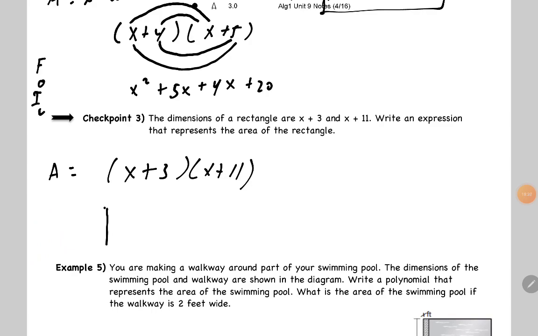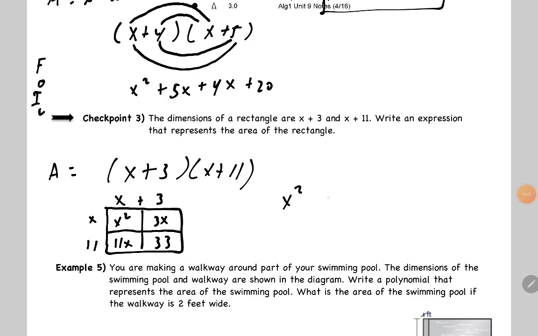So the box method, you can do it with two pieces as well. You have x and 3. So that represents the x plus 3. And then we have the x plus 11. X times x is x squared. X times 3 is 3x. X times 11 is 11x. And 11 times 3 is 33.